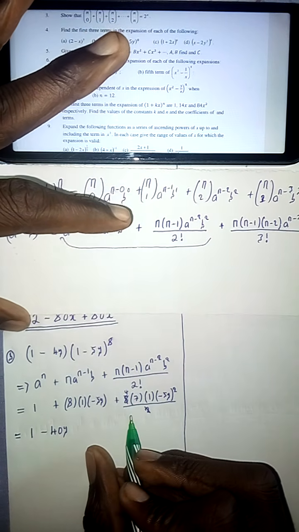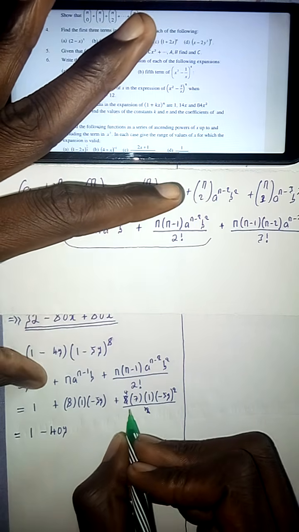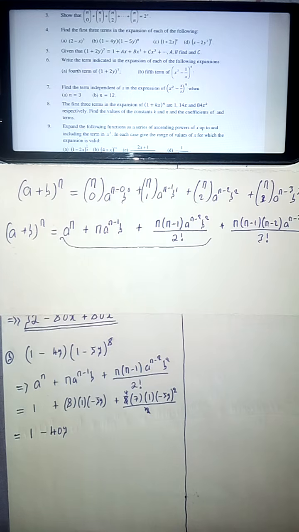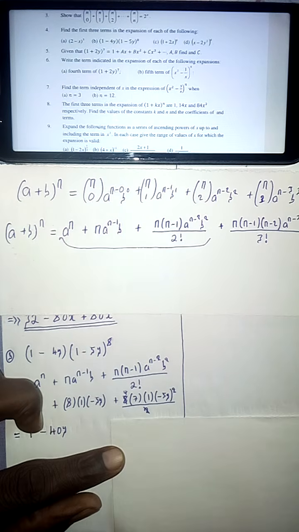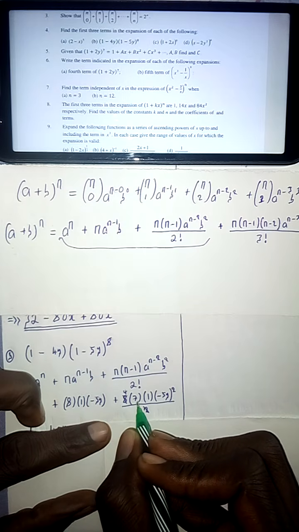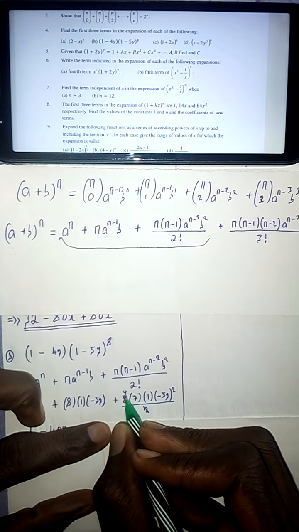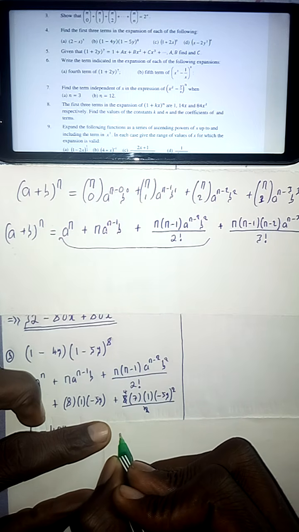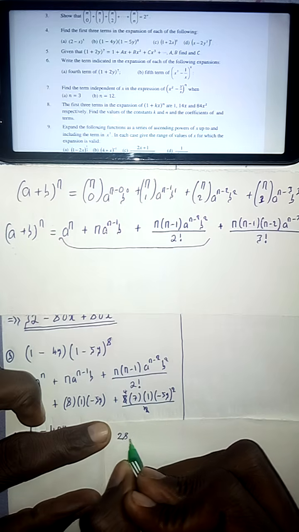Then we're going to say 4 multiplied by 7, 7 multiplied by 4. Okay, that should be 28.